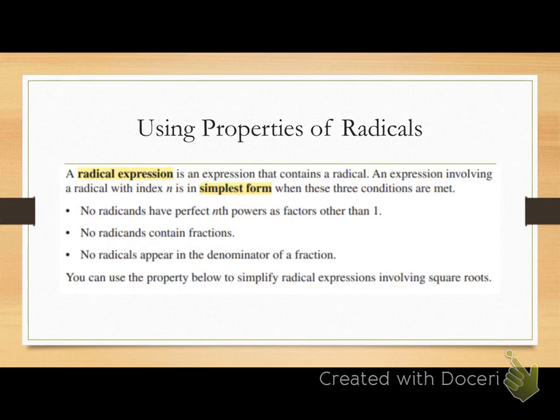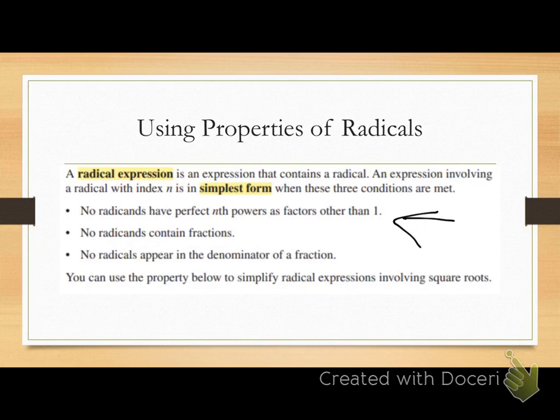Before we do that though, I want to talk about this first point. No radicands have perfect nth powers as factors other than 1. Today we're dealing with square roots, so I'm going to try to explain it a little differently.